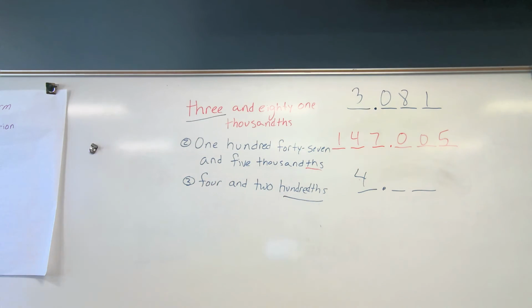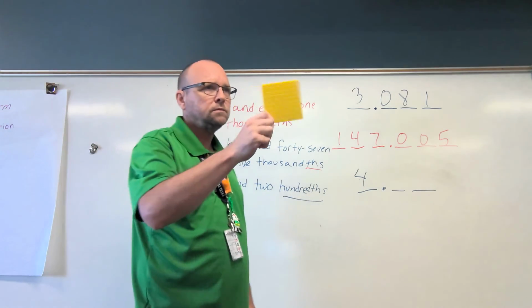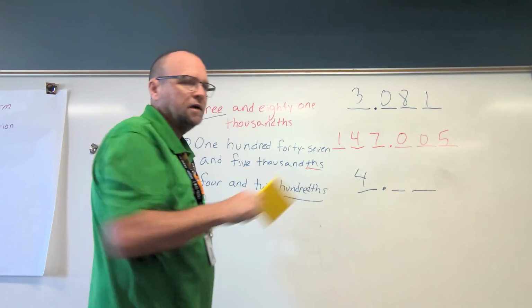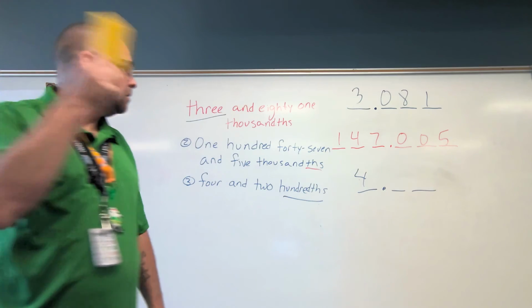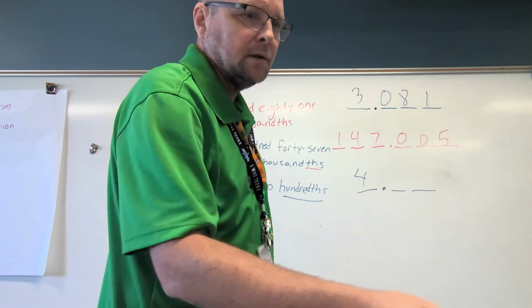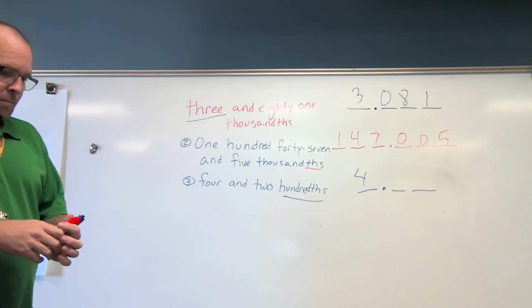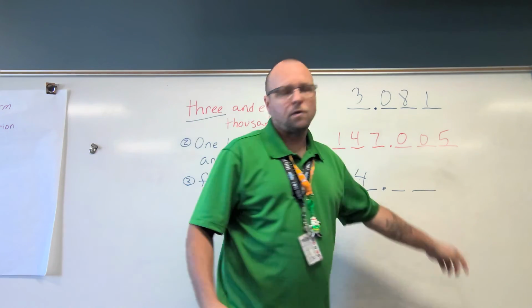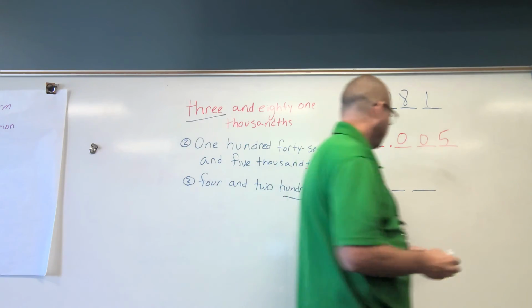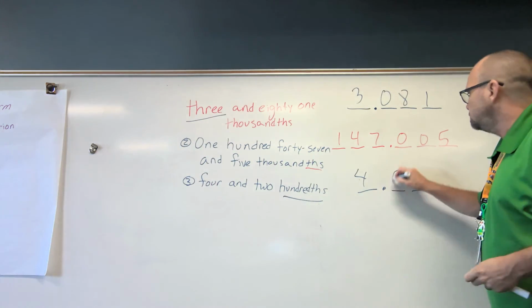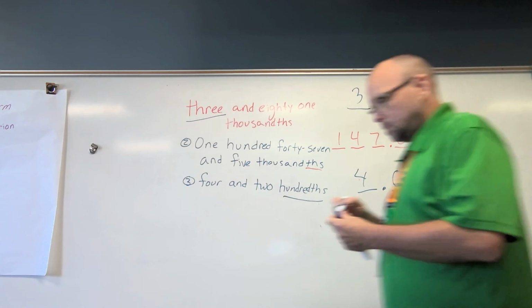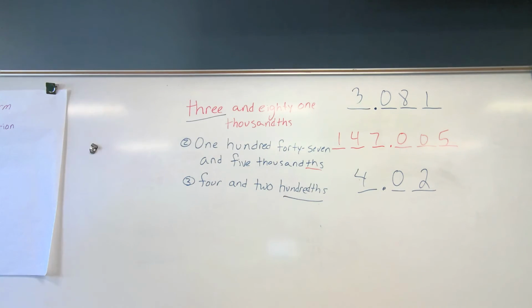So we have 4 wholes. Or if we were looking at our base 10 blocks, we would have 4 wholes. If it said draw a picture, then that's how I would do it. And behind the decimal point, what do I have, Serenity? A 0 and a 2. Okay, that says 4 and 2 hundredths.